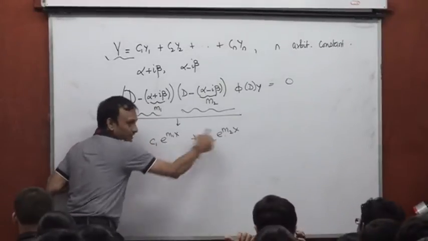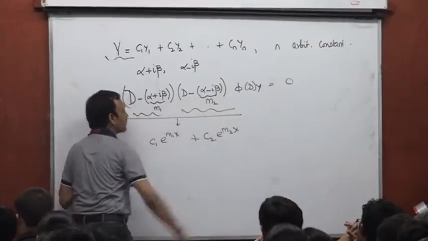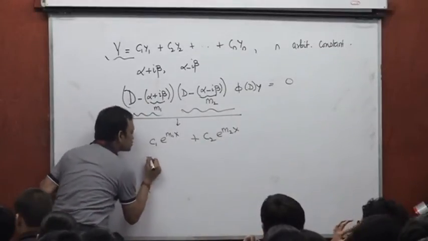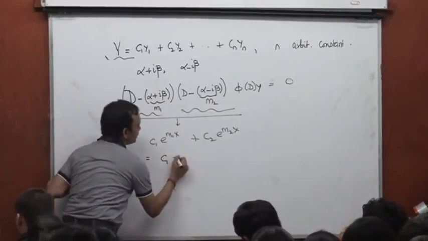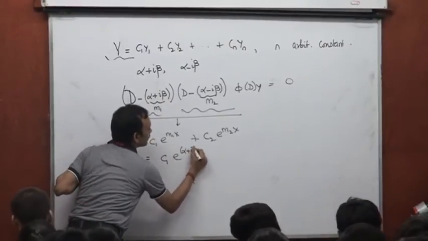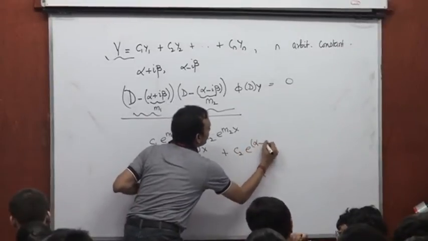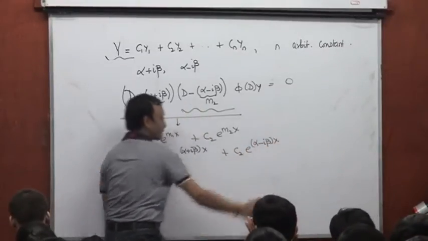So this is not the complete solution, this is just the contribution made by the two complex roots. So this would be c1 e^((α + iβ)x) plus c2 e^((α − iβ)x).